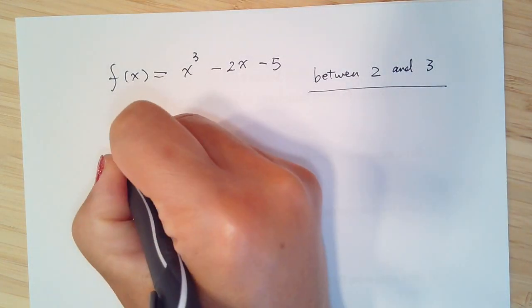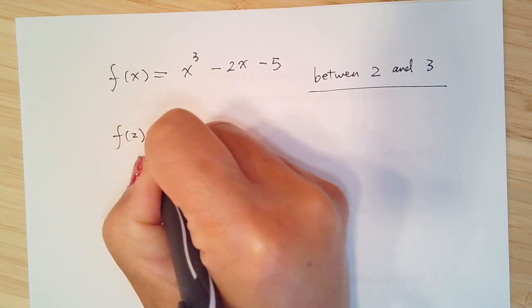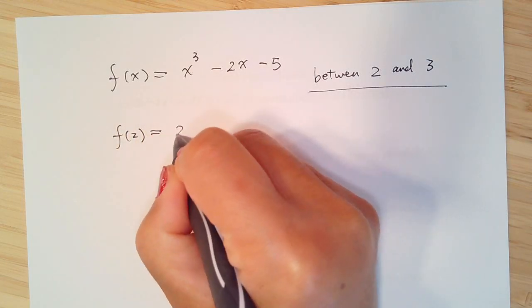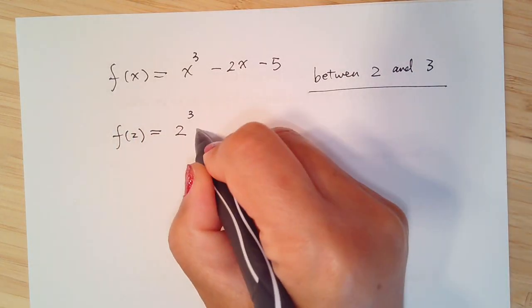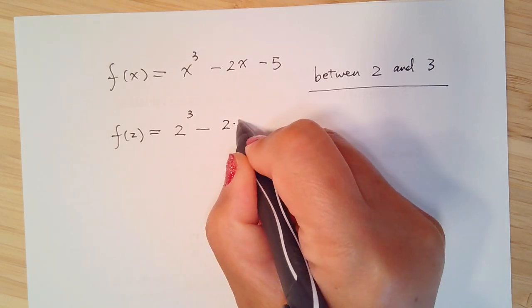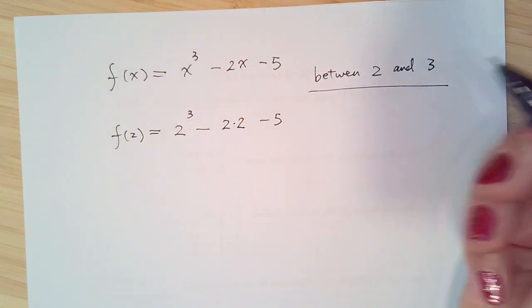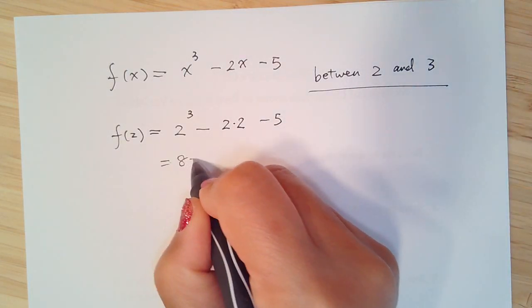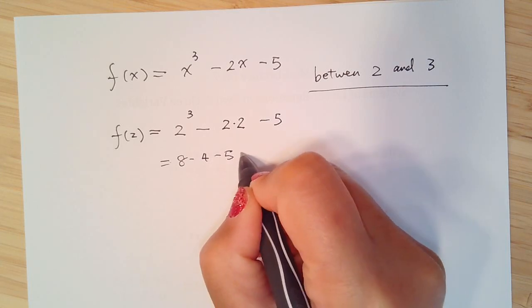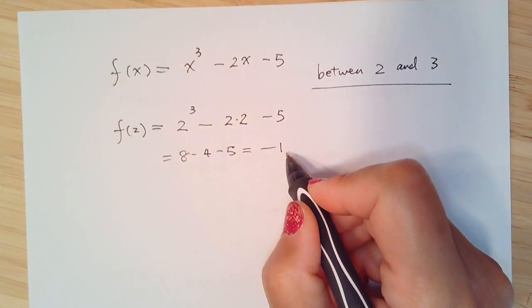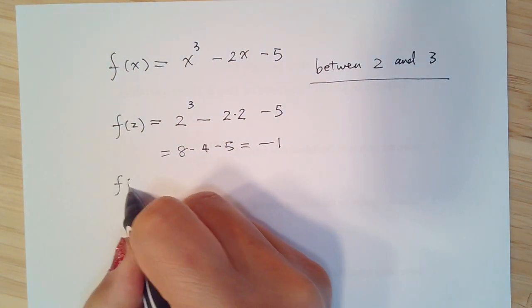All right, so let's see what f of 2 is. We plug in 2, so it's 2 cubed minus 2 times 2 minus 5. That is 8 minus 4 minus 5, which is negative 1. So that's a negative. And what about f of 3?